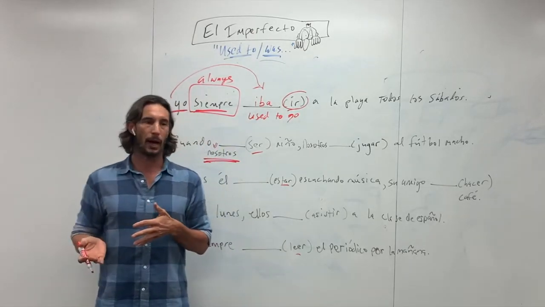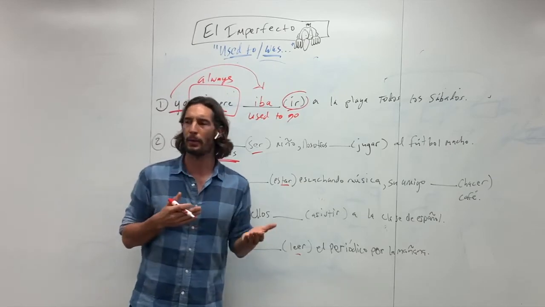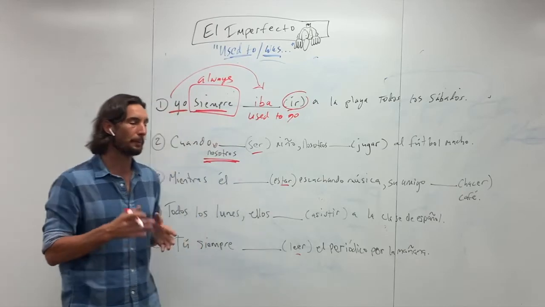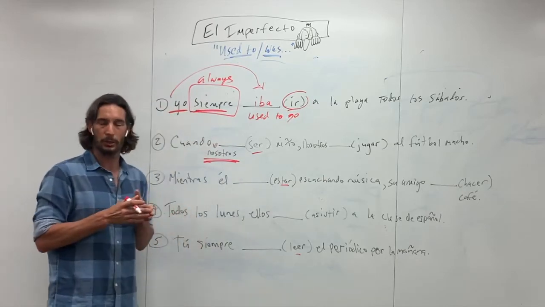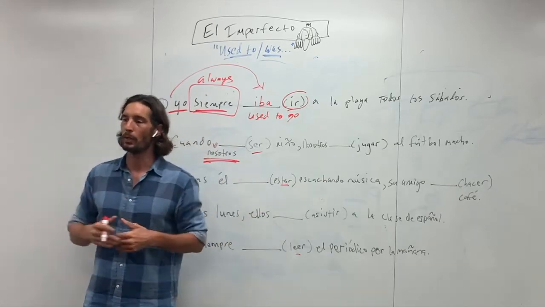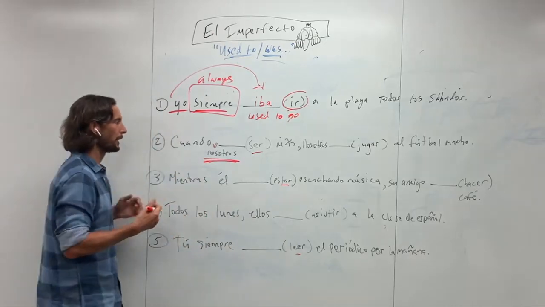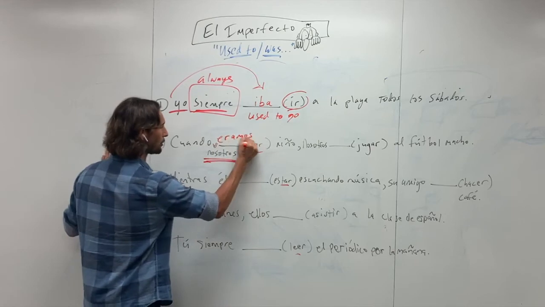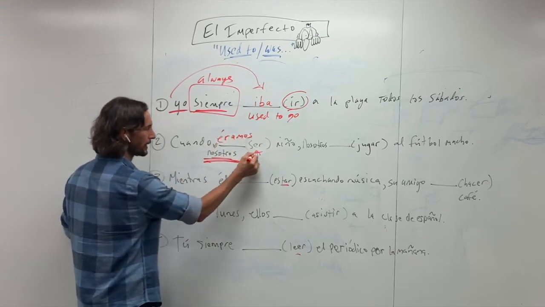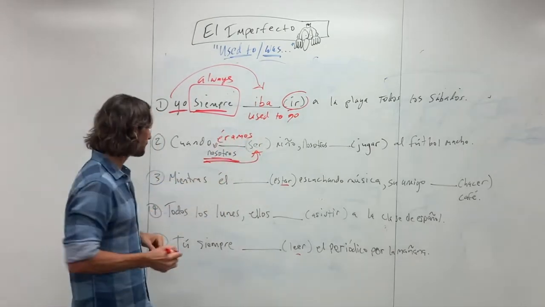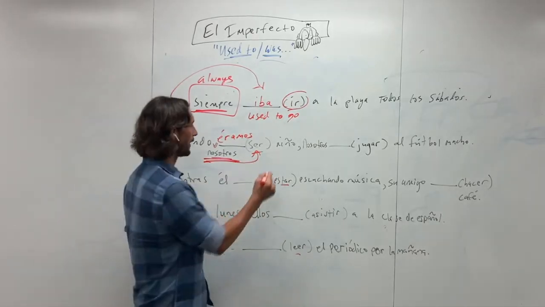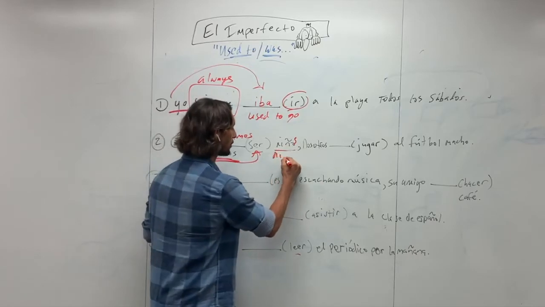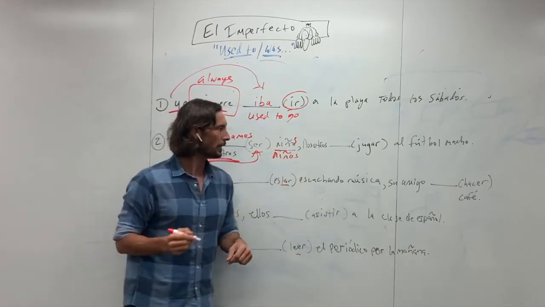When we talk about that, say when I was a child or when I was young, we will use the imperfect because we're implying something that was habitual in the past, like being a child or being young. So cuando nosotros éramos, because we want nosotros for ser, another irregular. Cuando nosotros éramos niños. So let's make that grammatically correct.